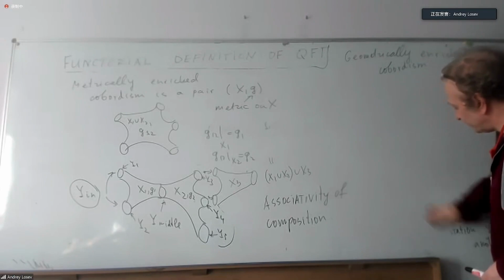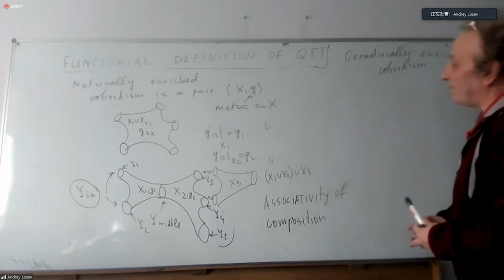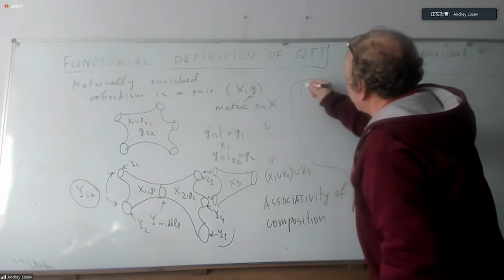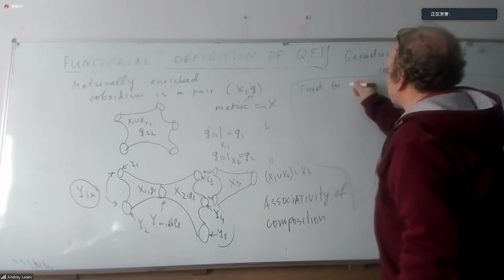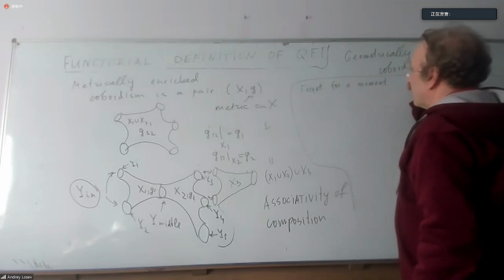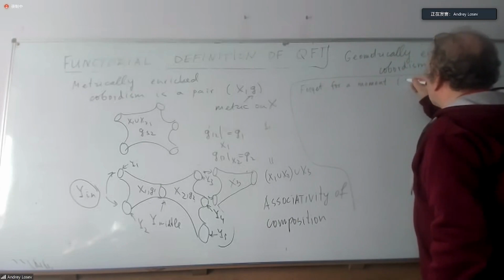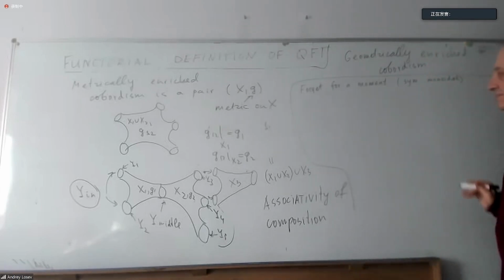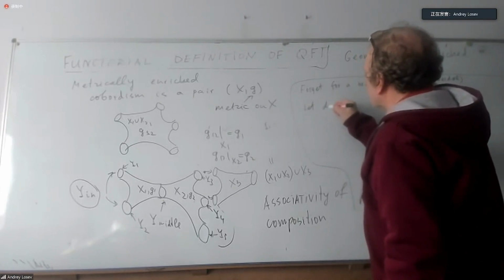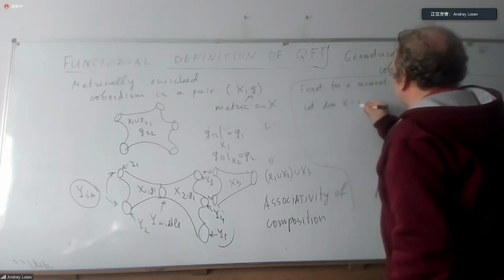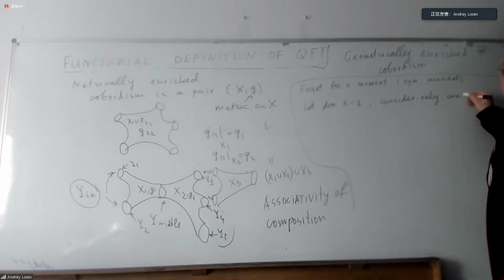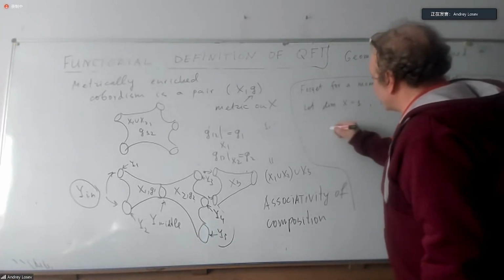And here we are coming to the following thing. Let me forget for a moment the words symmetric monoidal. Let dimension X be equal to 1, and let me consider only connected ones. So what are cobordisms?